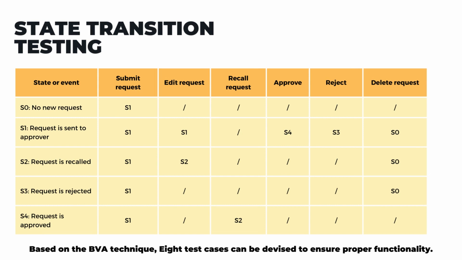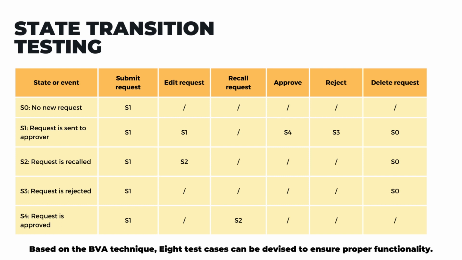Furthermore, deriving tests from a state graph is a good way to cover the valid conditions, but we may not see the negative tests. That's when the state table kicks in. With it, we can have a better approach to both valid and invalid tests. I'll mark invalid cases with a slash.